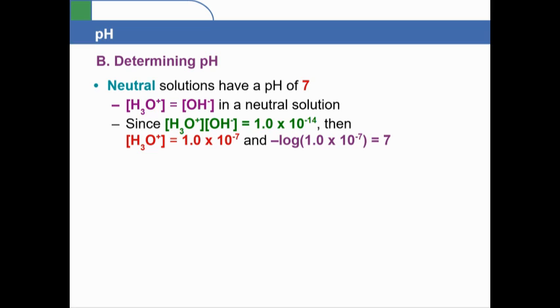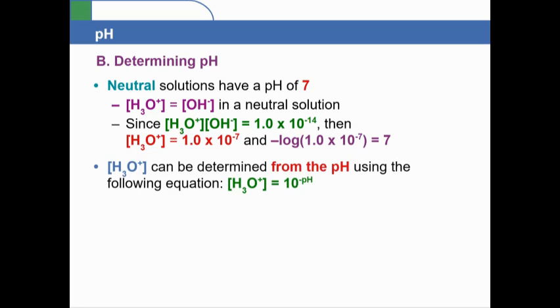Since the Kw is equal to 1 times 10 to the negative 14, the hydronium ion concentration would be the square root of that, which is 1 times 10 to the negative 7, and the negative log of 1 times 10 to the negative 7 is equal to 7.